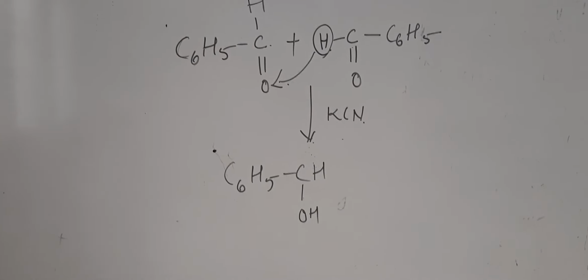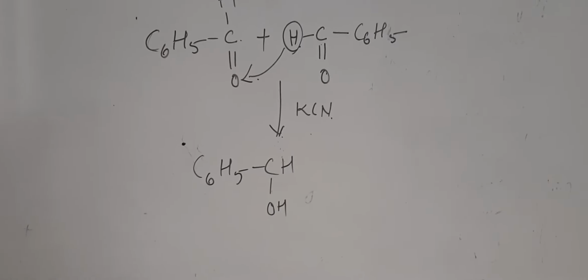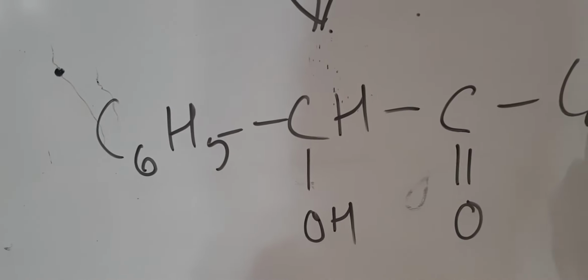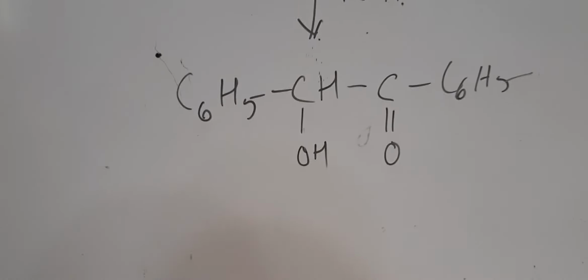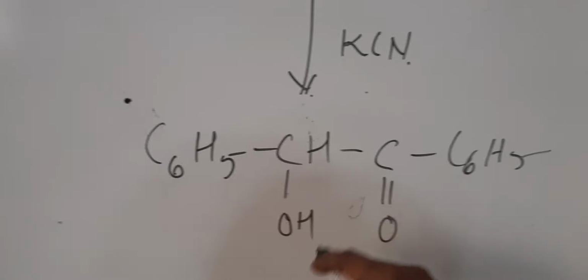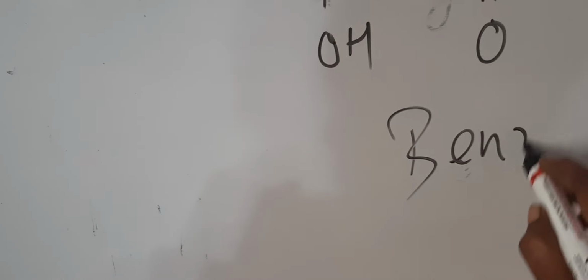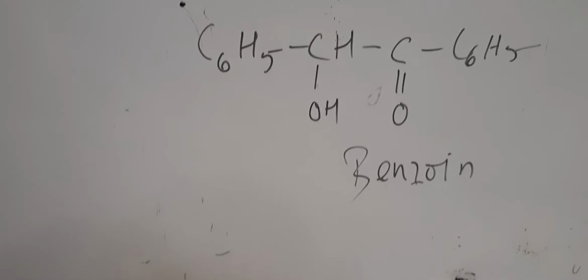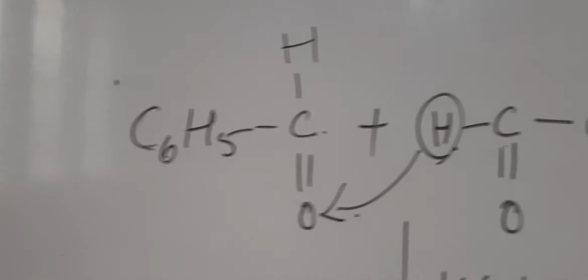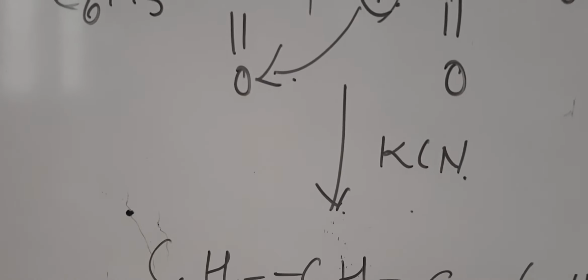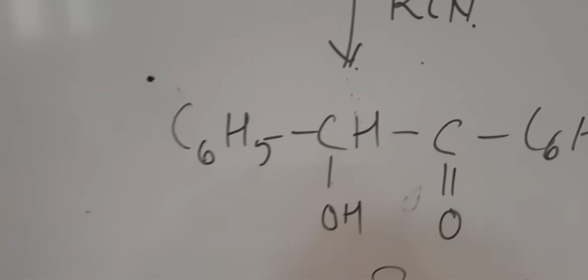Then the remaining group, that is C=O, C6H5, should get attached. This is an alpha hydroxy ketone, benzoin. So benzoin is produced by the benzoin reaction. It's very simple. Two benzaldehydes condense in the presence of alcoholic KCN to form benzoin.